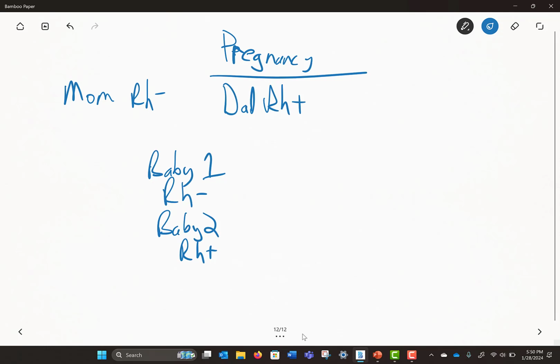Mom's blood and baby's blood are going to intermingle. From that point forward, since an RH negative mom was exposed to RH positive blood, what's mom going to do? Mom is going to start having anti-RH antibodies.